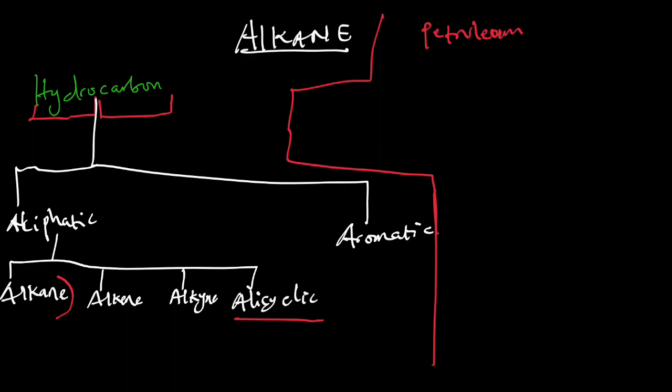Petroleum is considered to arise from dead marine organisms. According to scientists, petroleum was derived from dead marine organisms which were buried under rock sediments some 100 million years ago.